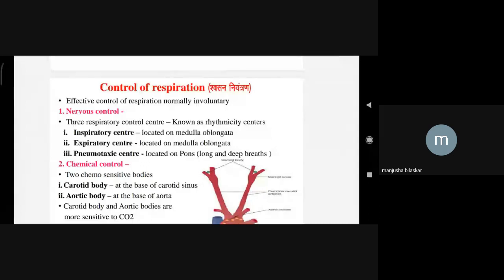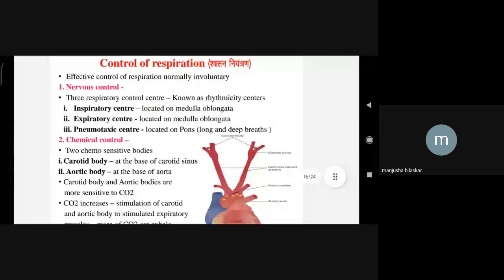But now the thing that we are studying is the nervous control of respiration. All our body is controlled by the nervous system only. So now we are talking about where this respiration is governed from. Our respiratory system is governed from the hindbrain.